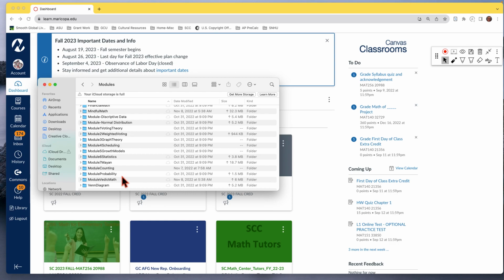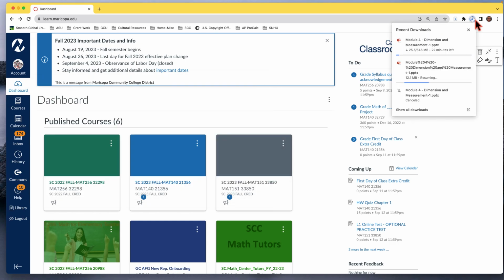I have everyone except this one here. I'll speed it up a bit.